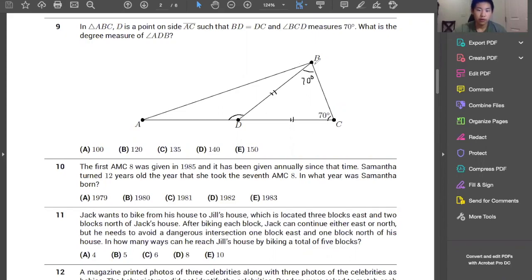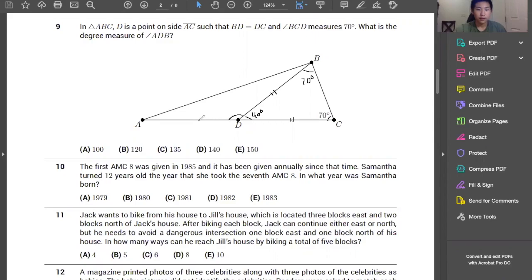And then looking at this same triangle, BDC, we know that the sum of the angles in a triangle has to be 180 degrees. So since these two add up to 140, the last one here must be 40 degrees. 140 plus 40 is 180. So we have 70, 70, and 40.